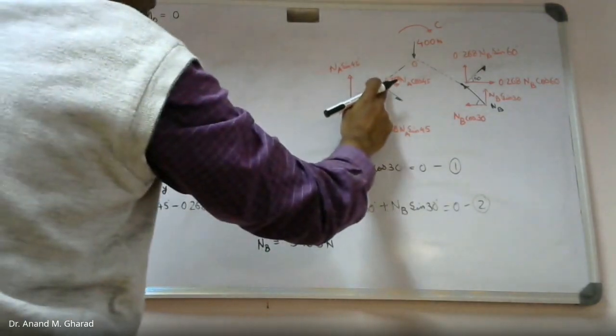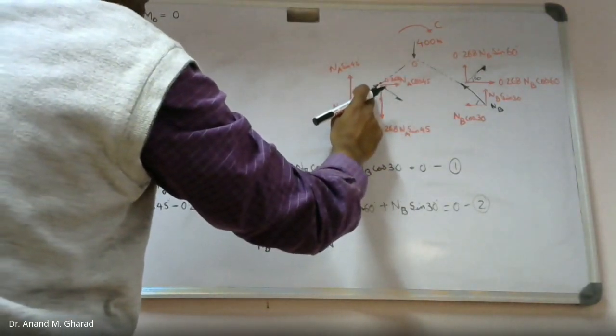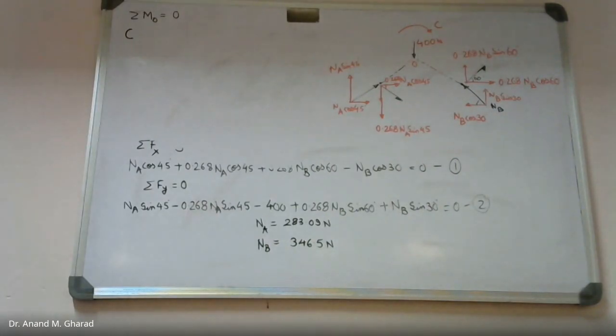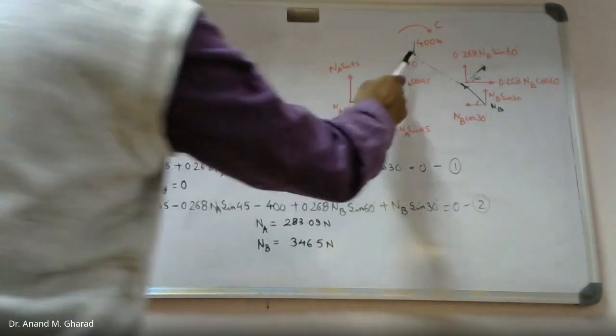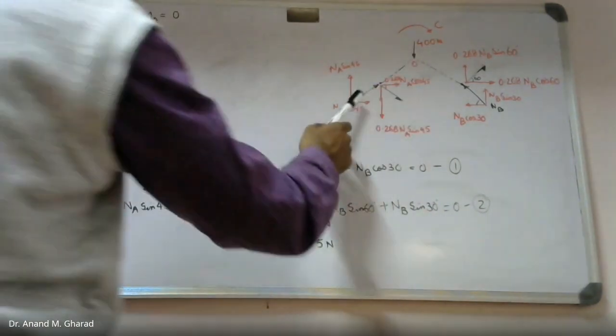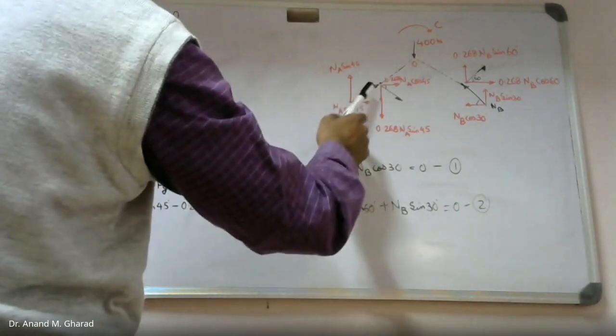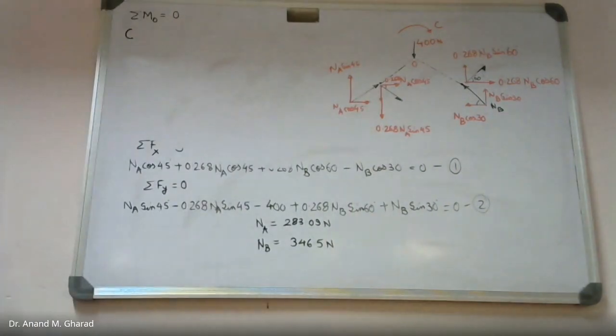The other values are, now here what do you observe? Okay, summation of moment. If we take moment about point O, and if I consider this value only, that is Na, isn't it? Na and Nb. What do you observe?